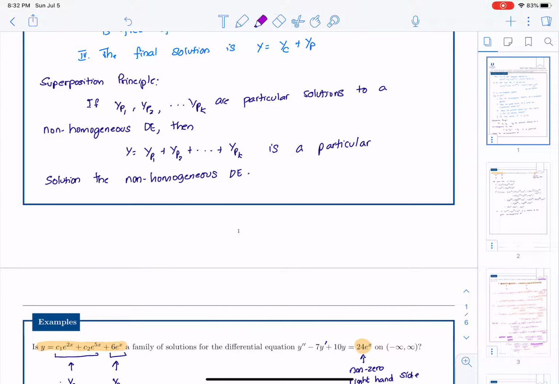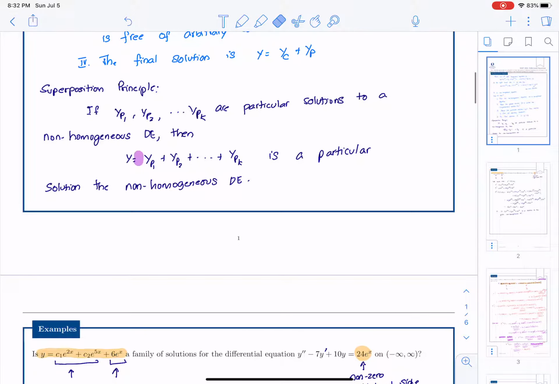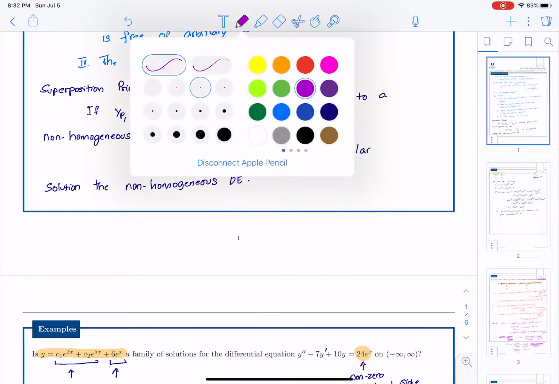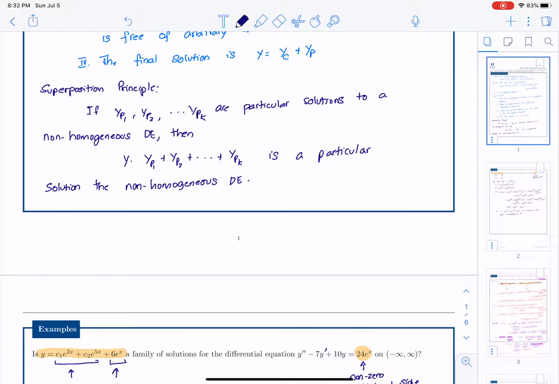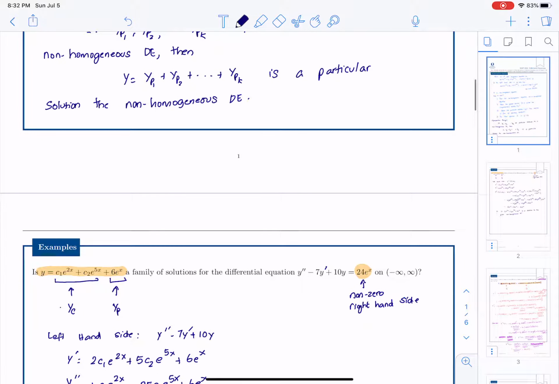I'm going to throw in constants, k1, k2.